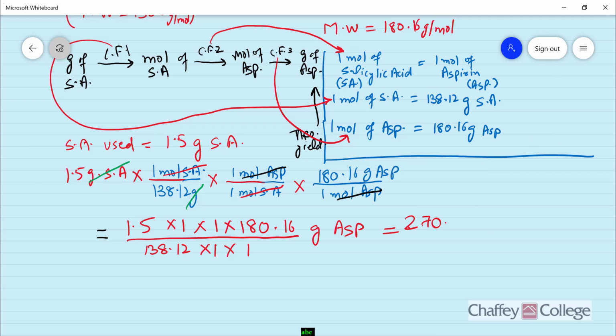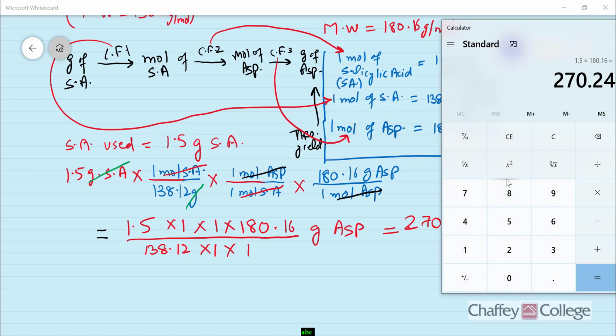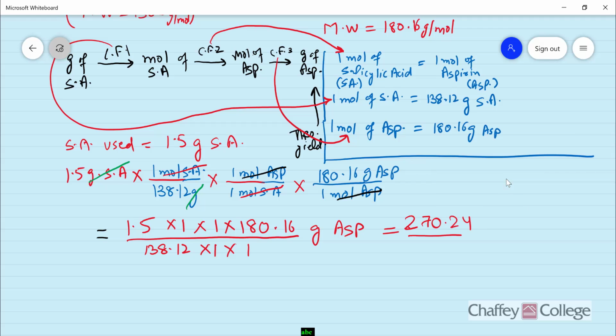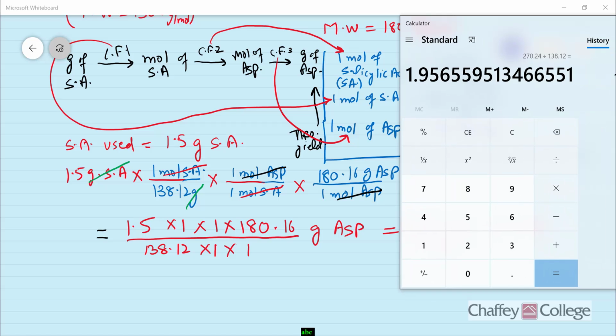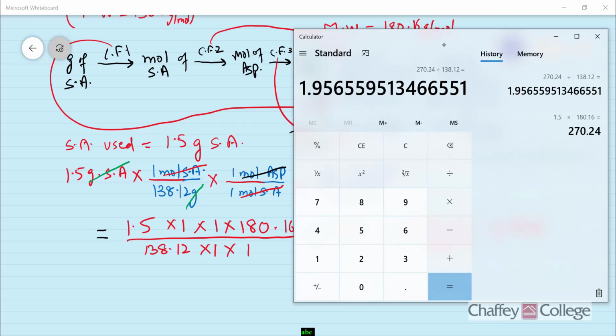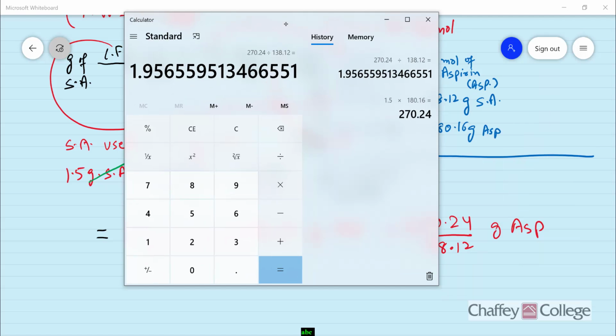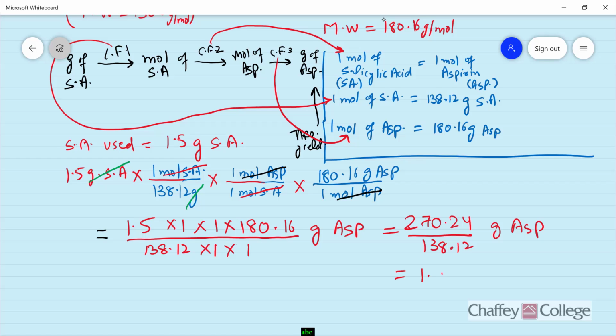So we got 270.24 divided by 138.12 grams of aspirin, and the answer comes out to be 1.96 grams of aspirin.